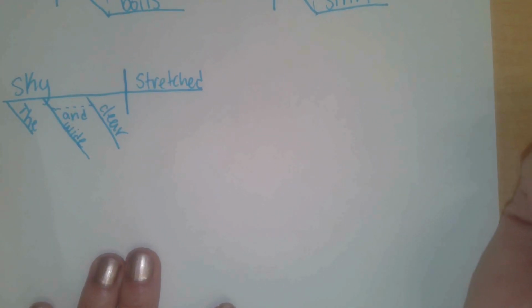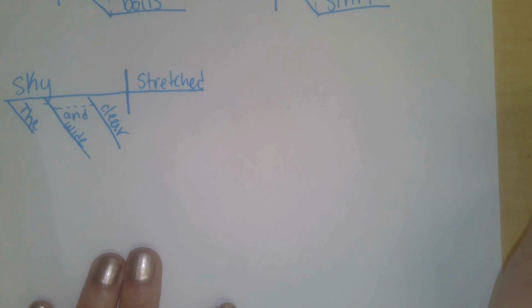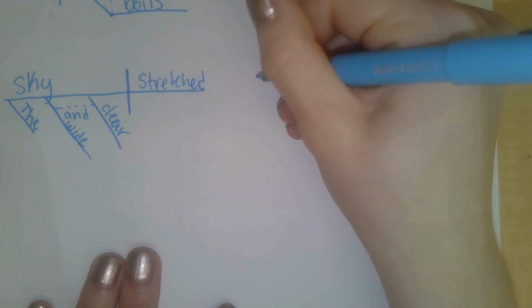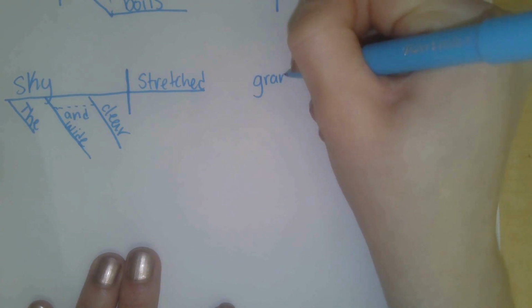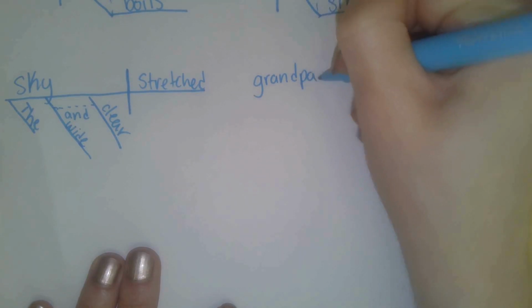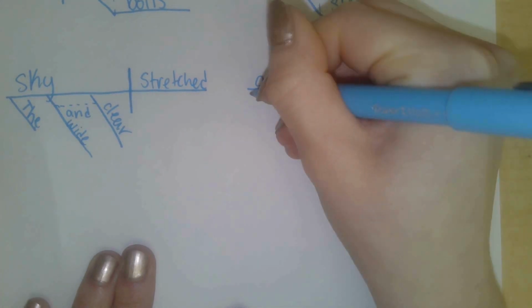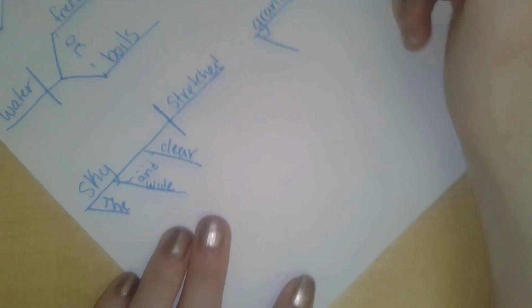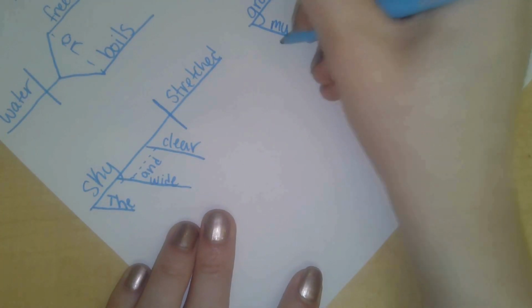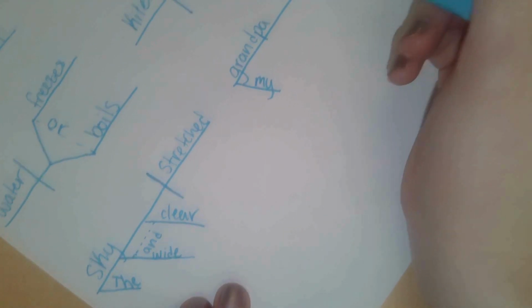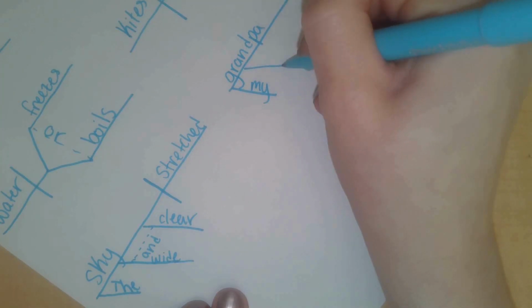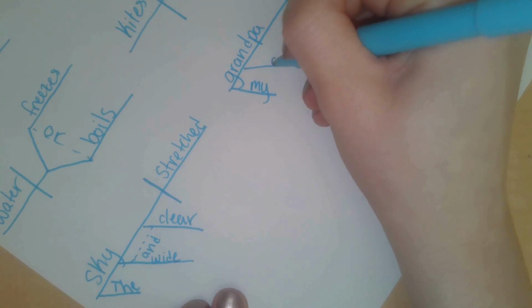The next one, my old but wise grandpa talks. Grandpa is the one that's doing something, so that's our subject. We have my grandpa. Whose grandpa is it? It's mine. So that's describing grandpa. Then we have old.